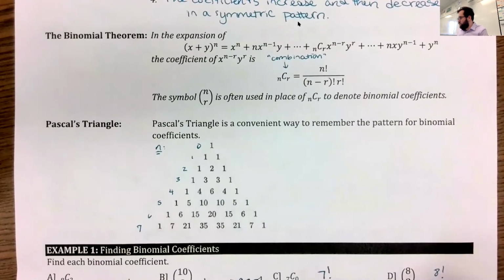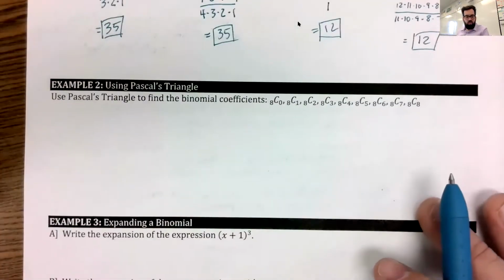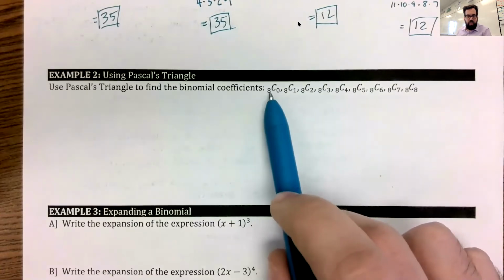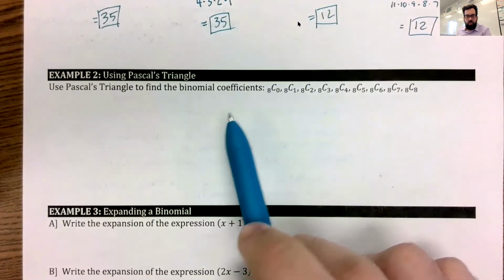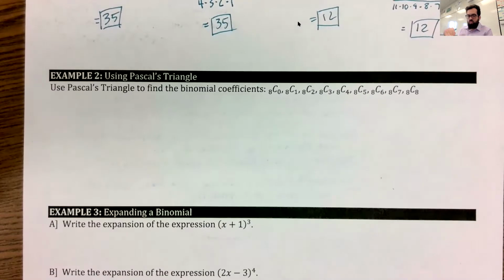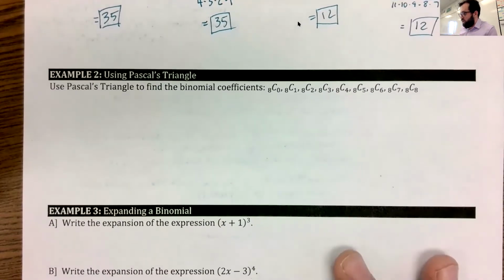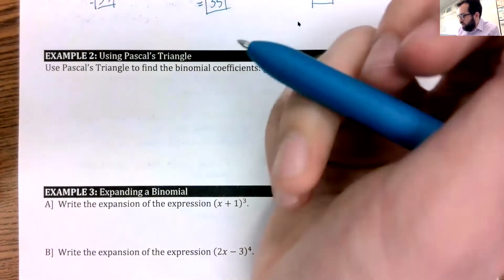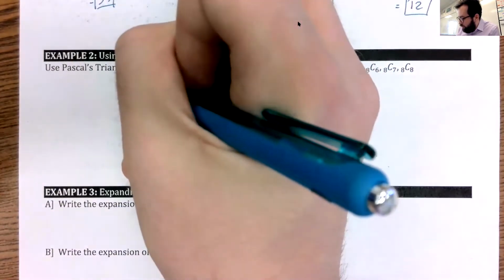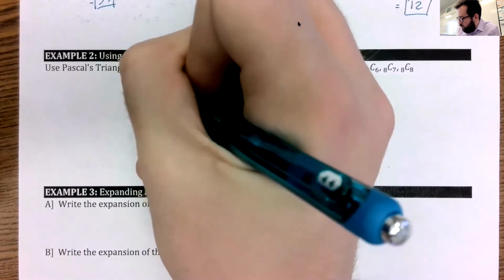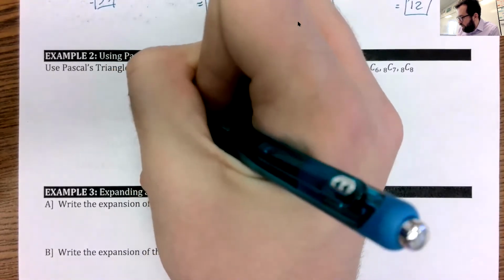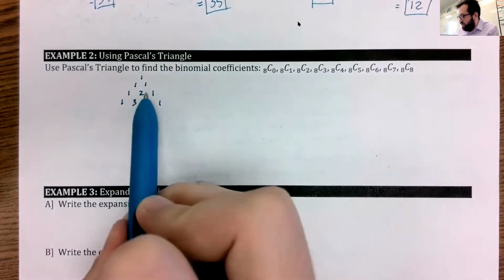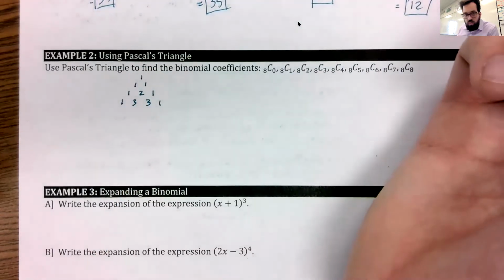So in example 2, we are using Pascal's triangle to find the binomial coefficients. The fact that n is 8 means we're looking for the n equals 8 row of the triangle. So I'm going to just briefly list out all of the rows. They're on the front of the page. But if we start with 1, and then it's going to go 1, 1, and then 1, 2, 1, and then 1, 3, 3, 1. I'm just adding the 2 numbers above to get the number below.